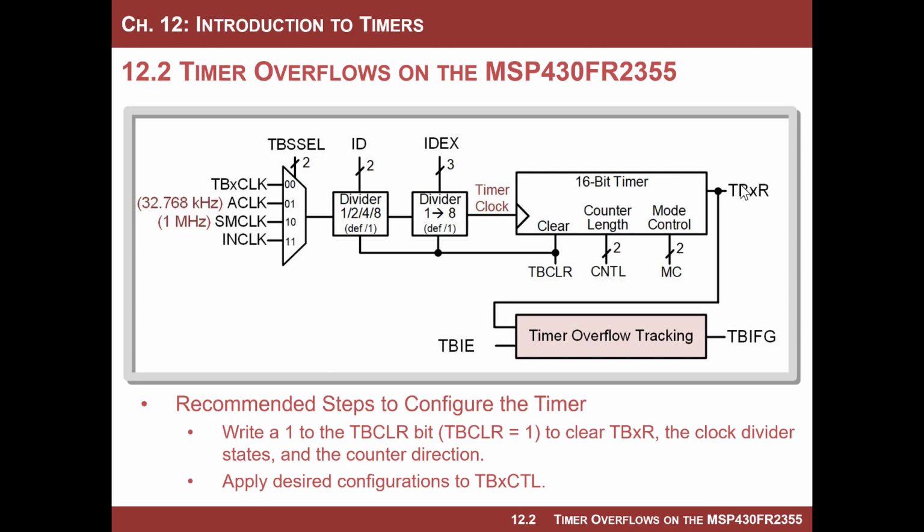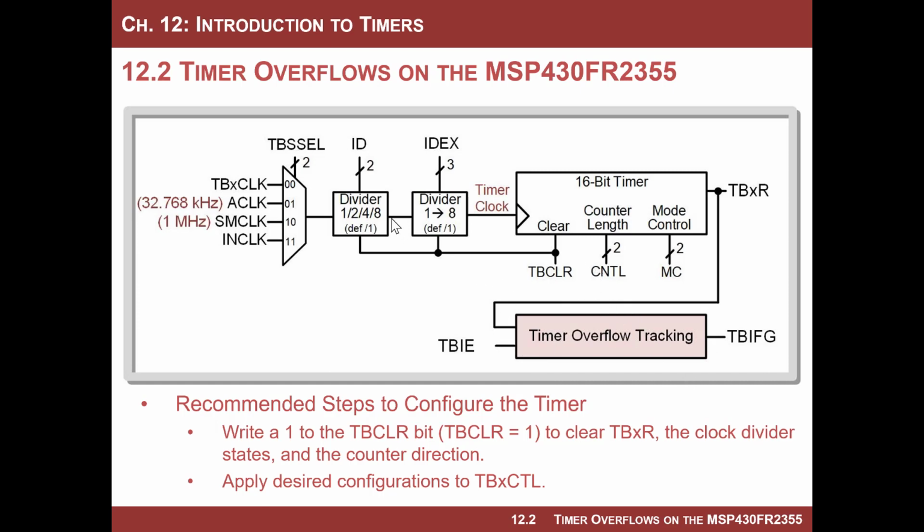It'll clear the timer, set the timer output value back to 0, and clear the states and the mode control. Then you go in and configure the timer system. Choose which clock you're going to use, choose which divider you're going to use for the first stage, choose which divider for the second stage, choose the counter length, choose the mode, and then if you want to use an interrupt, set up the interrupt.